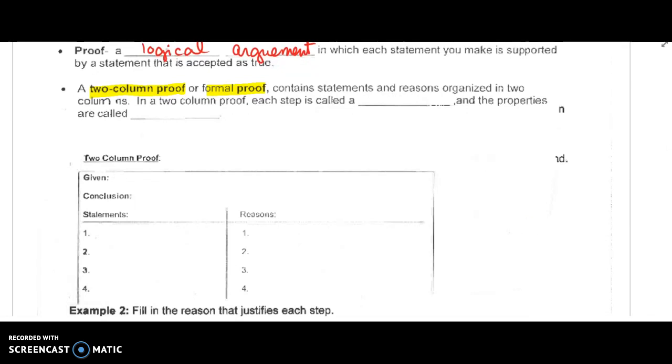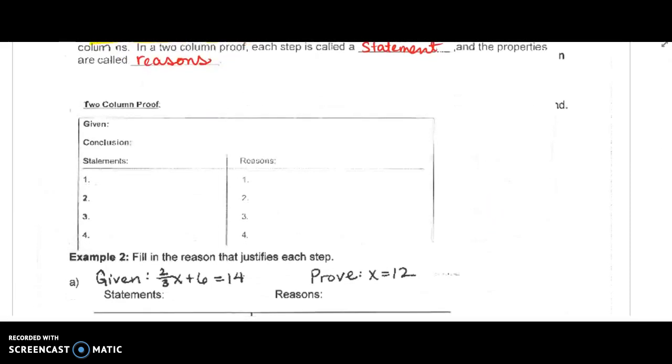In a two-column proof, each step is called a statement, and the properties are called reasons. So here's our statements on this side and reasons on this side.